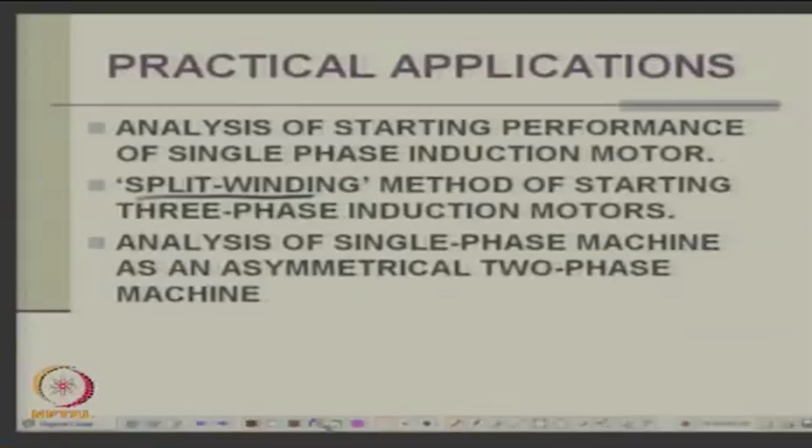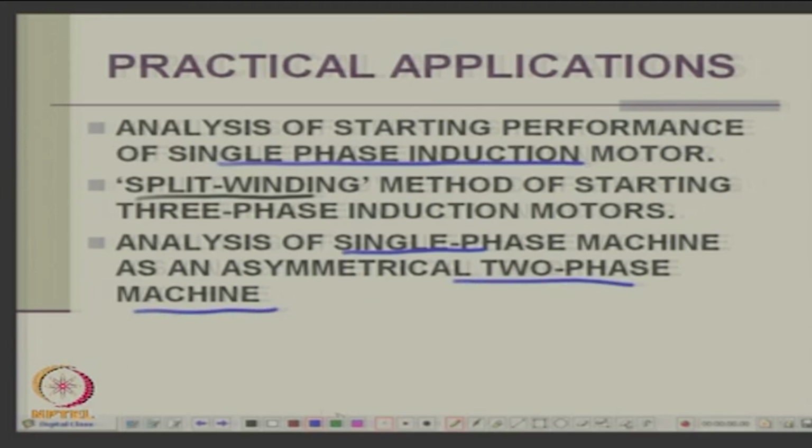Okay. Then that means we have already said it is for split phase winding or capacitor winding, okay, with asymmetrical two phase machine application, single phase motors.